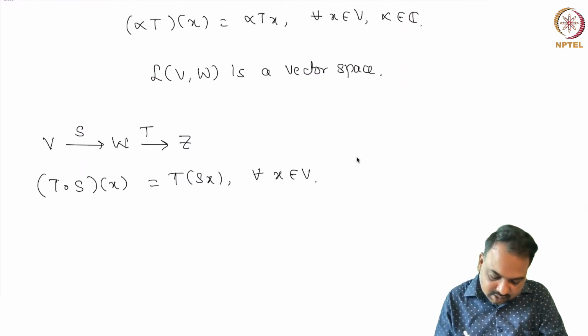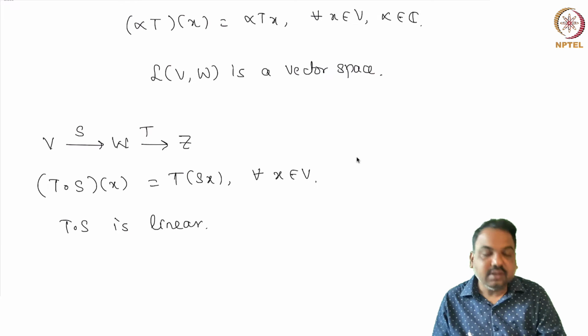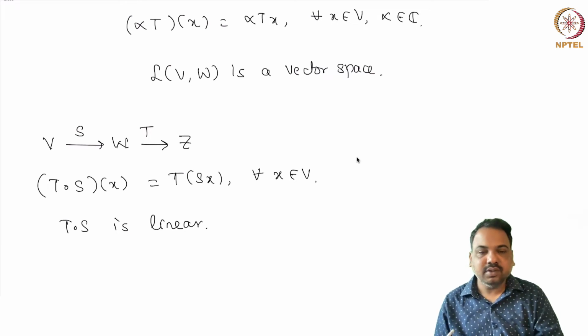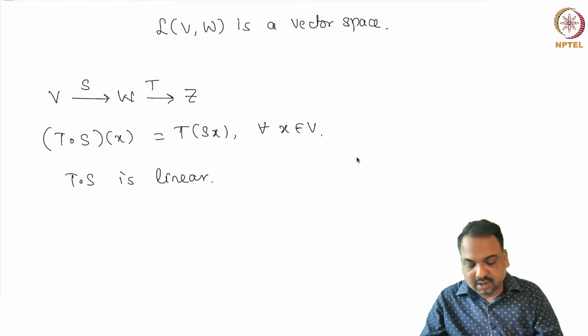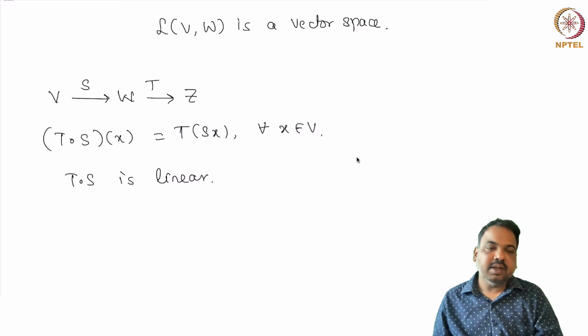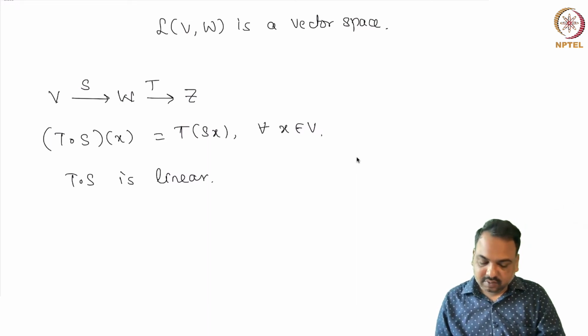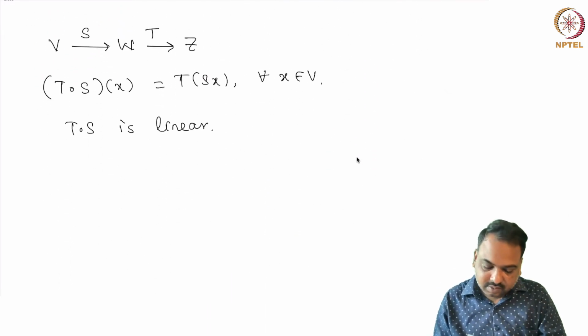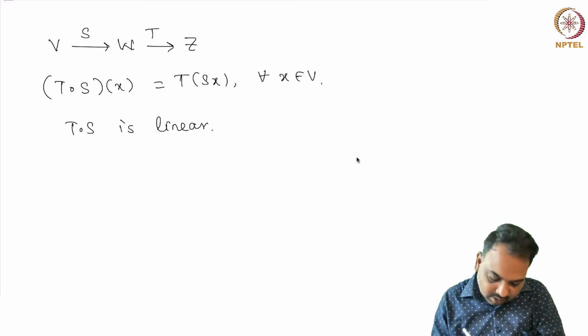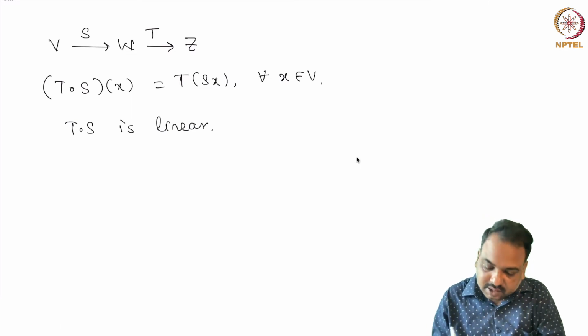So we can easily check that this composition of these two maps is linear, and T composition with S is a map from V to Z. But if you want to look at powers of an operator, we cannot take maps from V to W. In that case we have to look at maps from V to V only. Let us fix a notation.